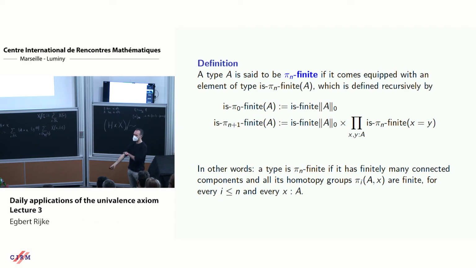So not assuming that there's a fixed base point, because I'm interested in the homotopy groups everywhere. This definition I just made up for the goal of counting up to isomorphism.